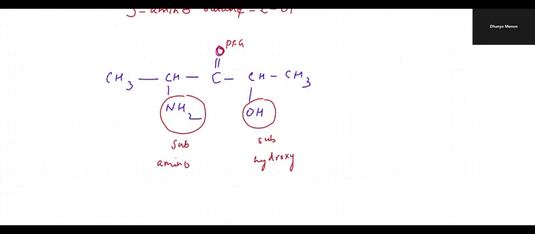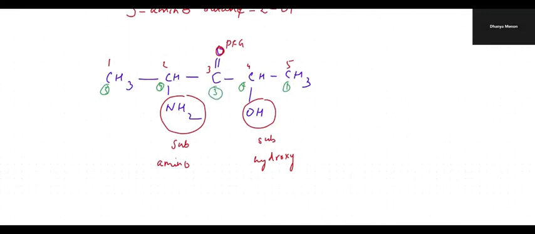If we number from this side, 1, 2, 3, 4, 5, the primary functional group is getting the third position. If we number from the other side, 1, 2, 3, 4, 5, here also the ketone, the primary functional group, is getting the third position. Now, from which side do we have to number?